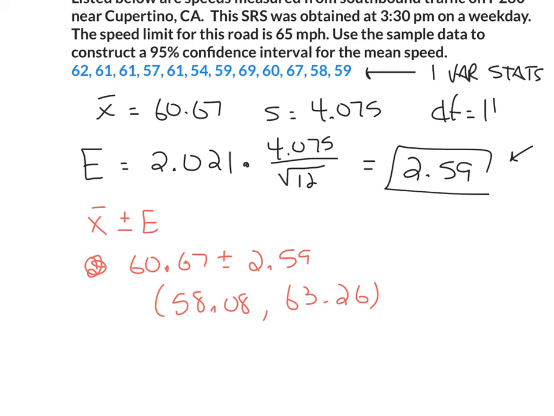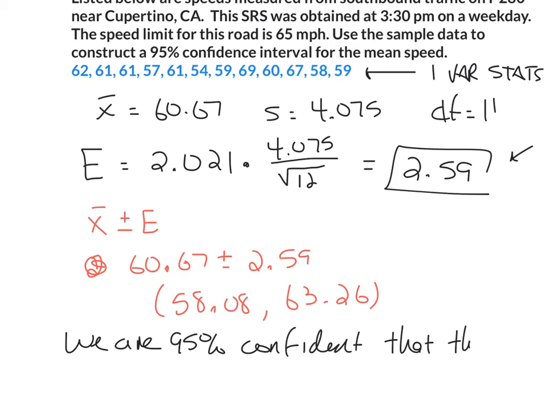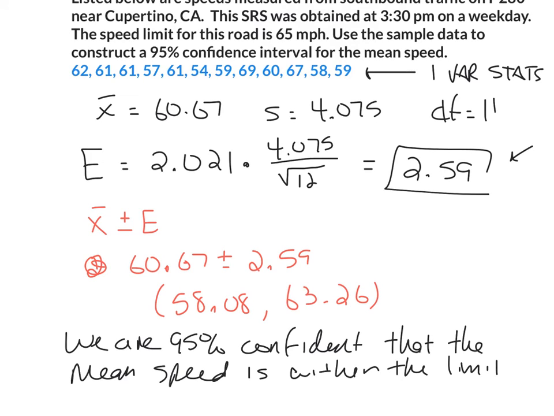So what can we conclude then? What I conclude is we are 95% confident that the mean speed is within the limits of 58.08 miles per hour and 63.26 miles per hour, which means below the speed limit.